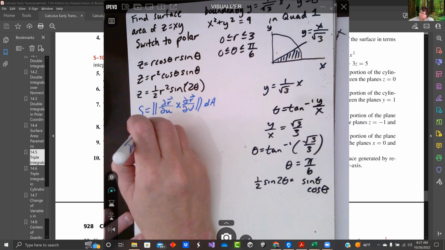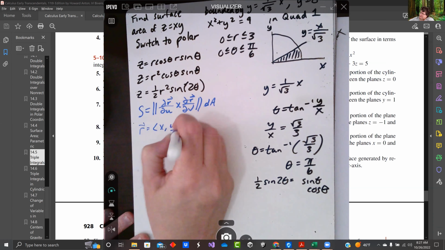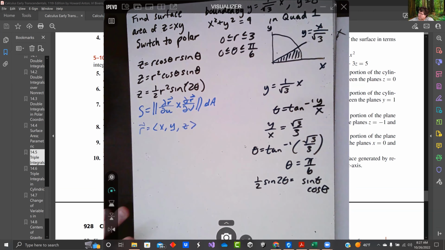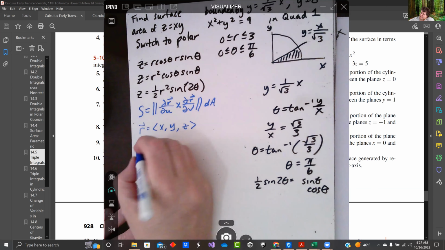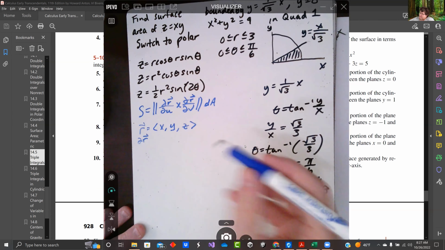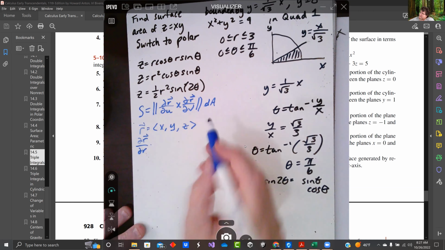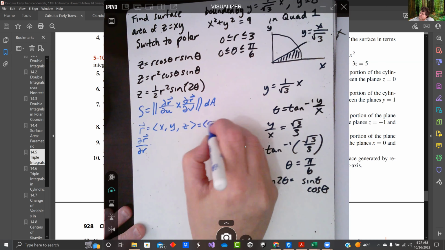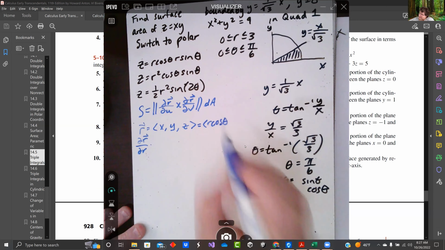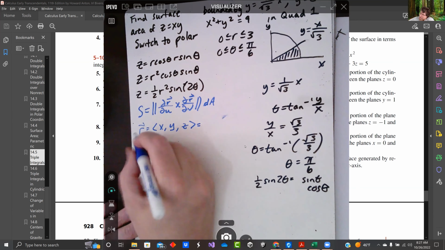Any point on our vector r is x, y, z. So maybe we should write out what this is in terms of polar.